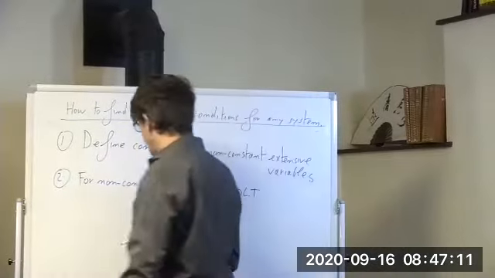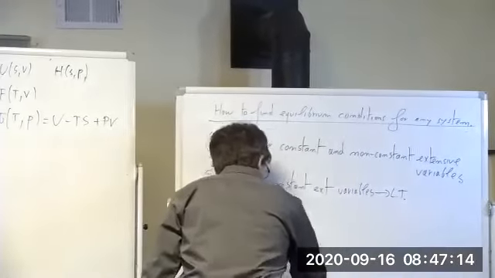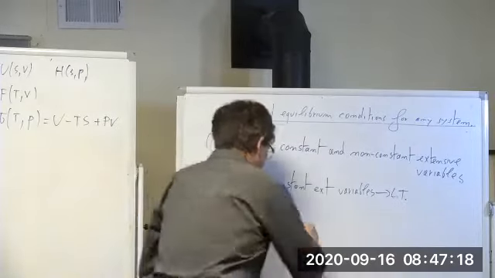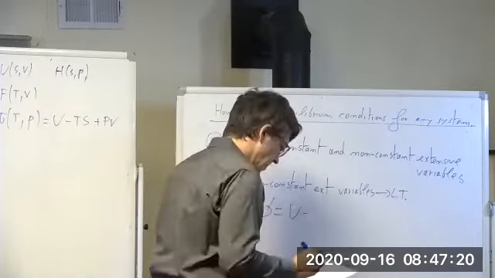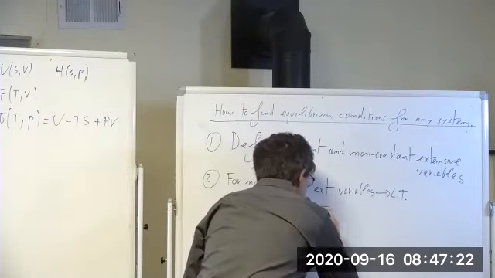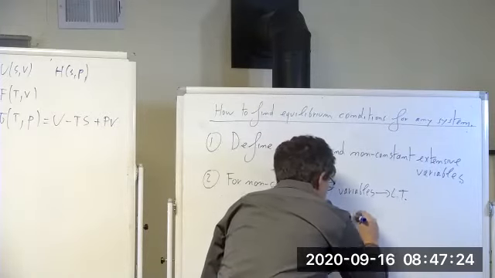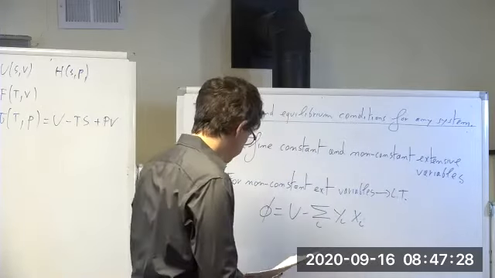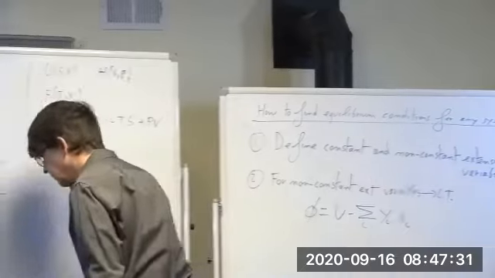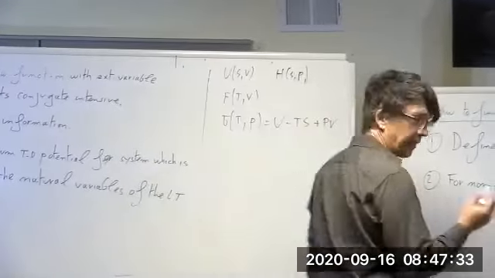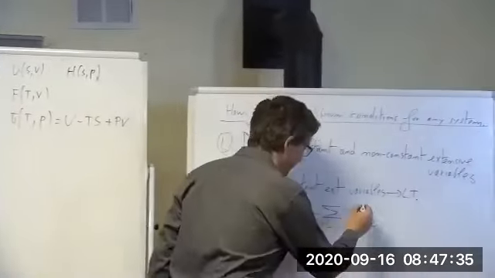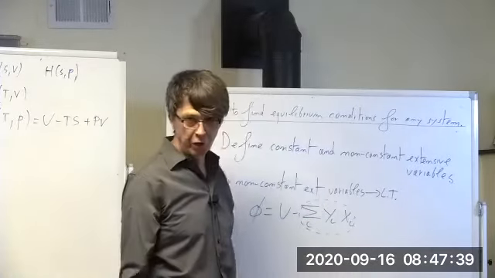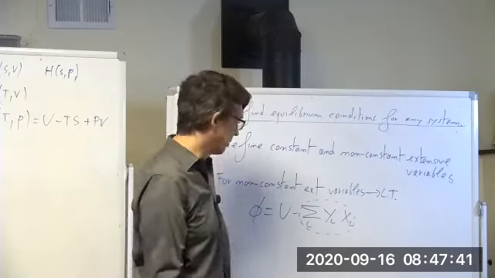And so you're going to define an object that looks something like phi, which is my general letter for a thermodynamic potential, is U minus the sum over i of y_i x_i. This sum goes over the set of non-constant extensive variables.